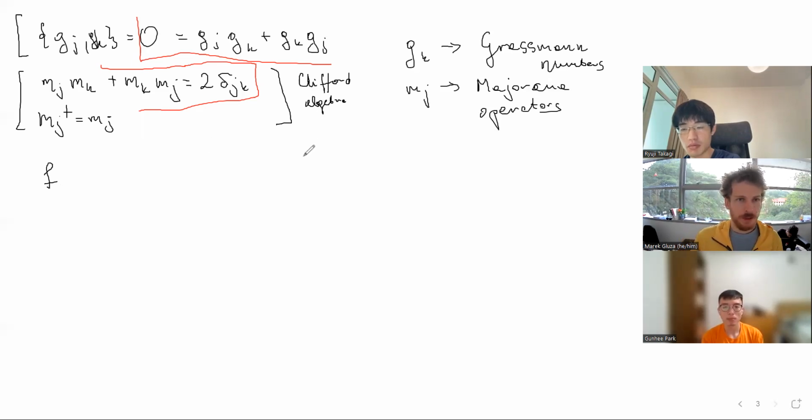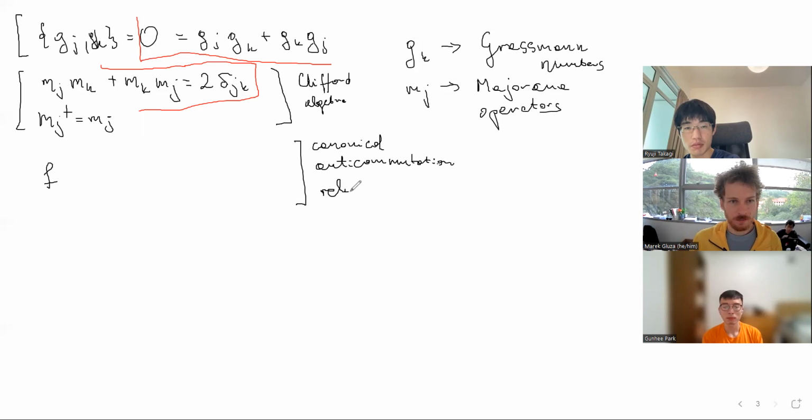And then what I want to construct now is canonical anti-commutation relations, the CAR.